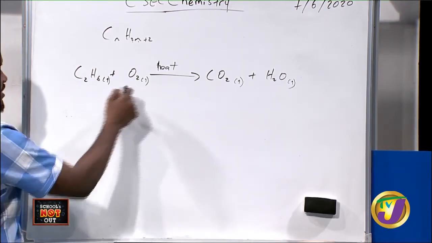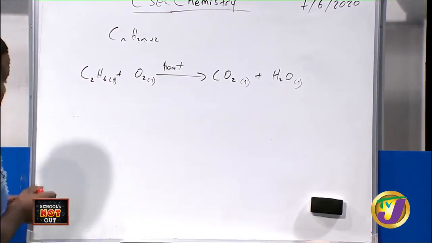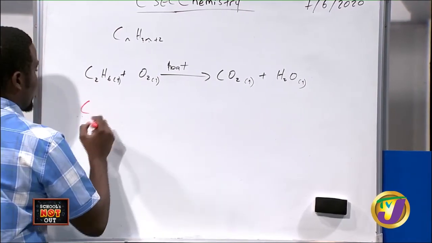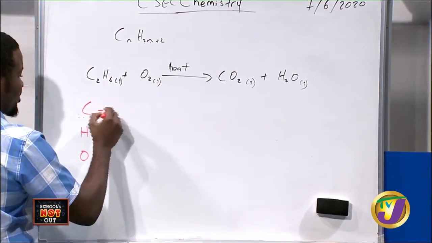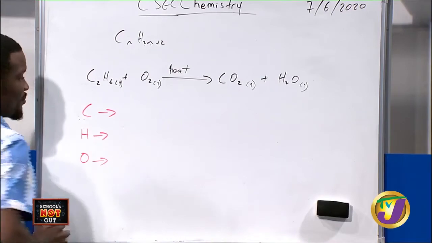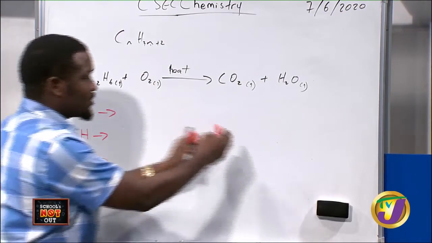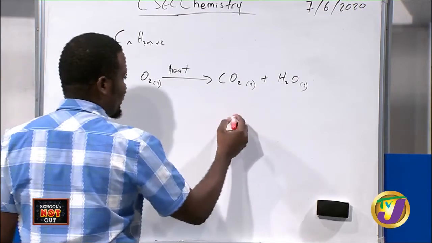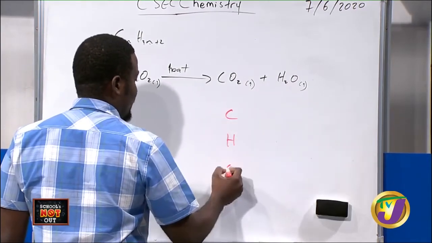So which element is here on this side? We have carbon. Let me use a different color. So we have carbon, we have hydrogen, and we also have oxygen. All right? And remember, in a chemical equation, any element on the left must be on the right. So we also have carbon, we also have hydrogen, and we also have oxygen.